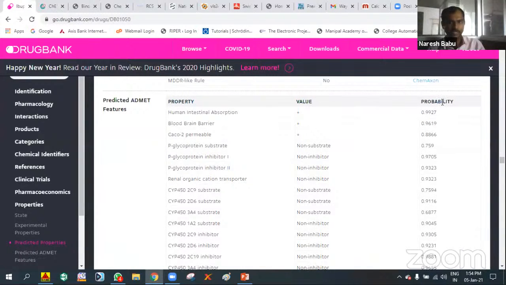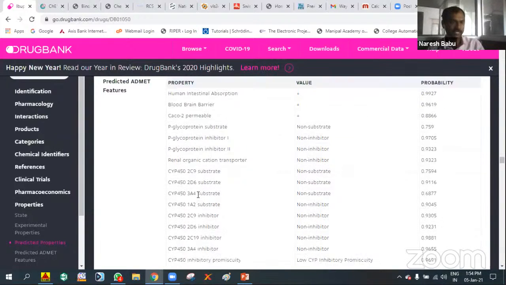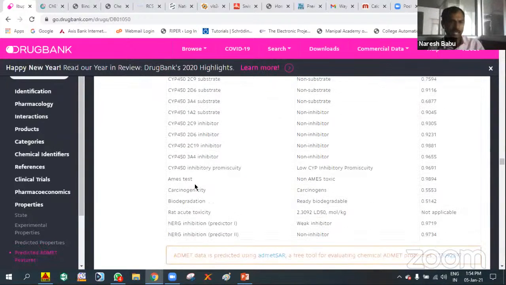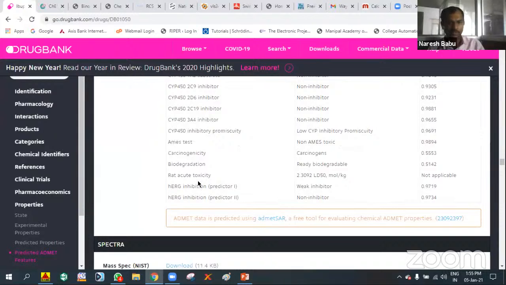It is good absorption, it has a probability, plus it is indicating blood-brain barrier, Caco-2 permeable, and P-glycoprotein substrate or inhibitor, and different cytochrome P450 induction or inhibition, and the Ames test to find out the mutagenicity and carcinogenicity, biodegradation, rat acute toxicity, that is LD50 finding, and hERG inhibition. So all these ADMET properties are also included in DrugBank relevant to your drug.